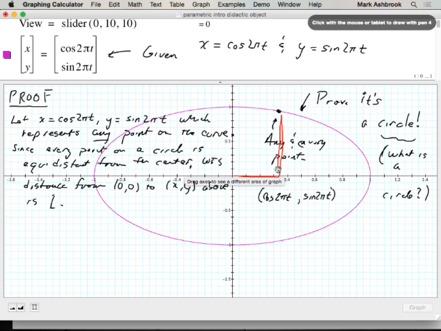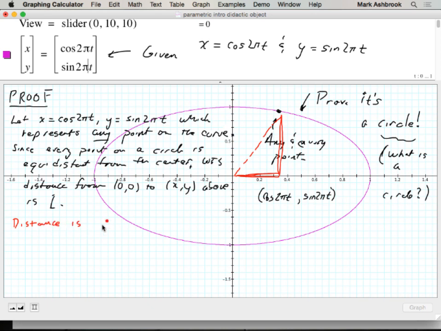And if you were to draw a line from 0, 0 to x and y, you have a right triangle that is formed. Okay. And you can use the Pythagorean theorem to prove that that gives you a distance of 1. So distance is c in the Pythagorean theorem, where a squared plus b squared equals c squared.